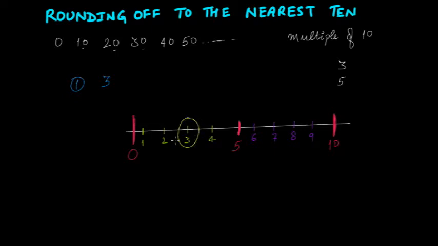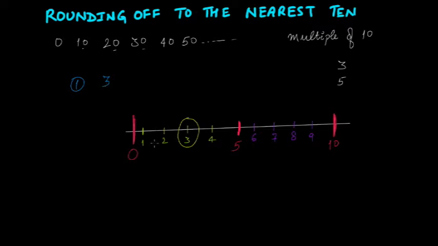Now tell me, 0, 10, 20, 30, 40, 50 are the multiples of 10, and you have to round this particular number to the nearest multiple of 10. The closest two multiples of 10 are of course 0 and 10. 5 is not a multiple of 10.